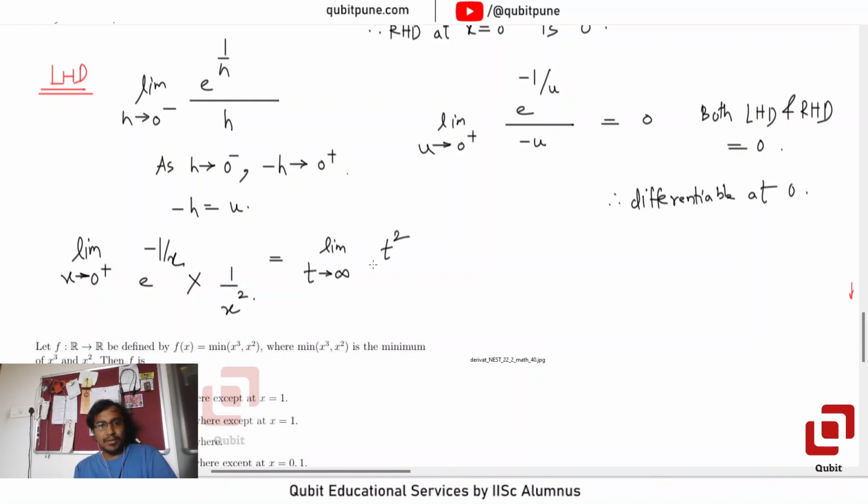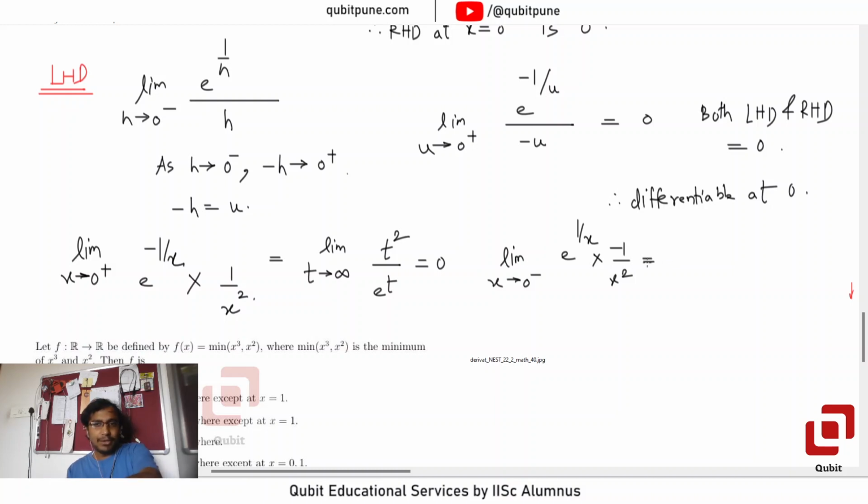So it will be t squared upon e raised to t, this will be 0, right, by the same logic as t upon e raised to t was 0. And similarly x tends to 0 from left, there we have 1 upon x into negative 1 upon x squared, and that would be how much?